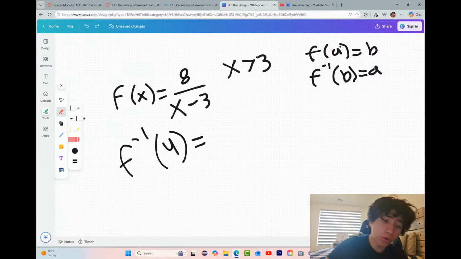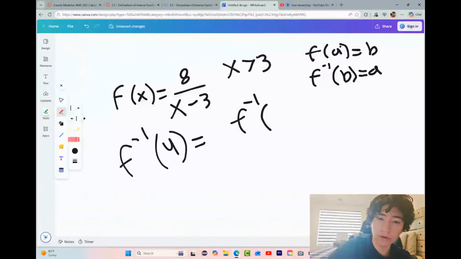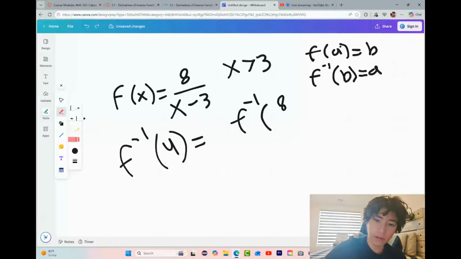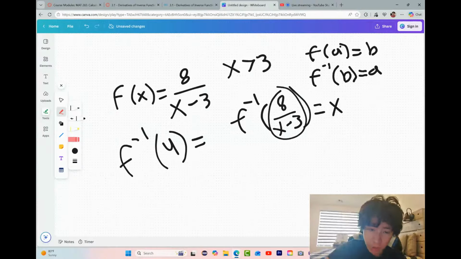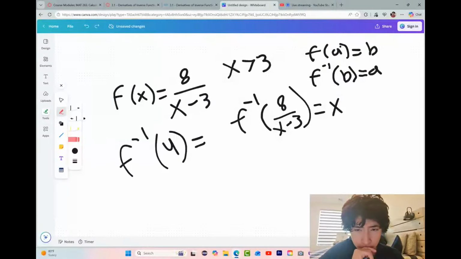I think what is true is that f inverse of 8 over x minus 3 equals x. That is what's true. So we need to find f inverse of 4. Oh, I see. So we have to find a value of x such that 8 over x minus 3 is equal to 4. I think that's what we're supposed to do.